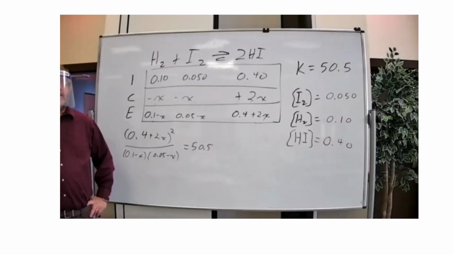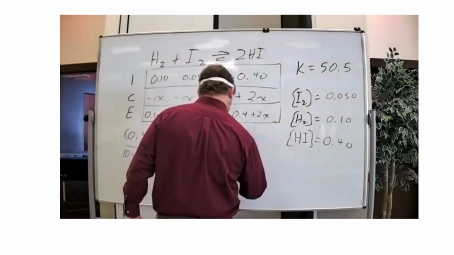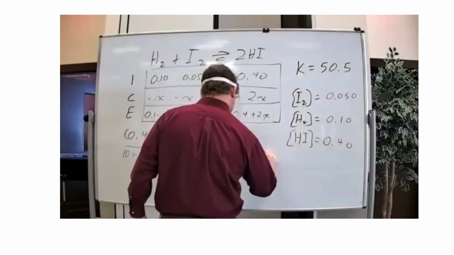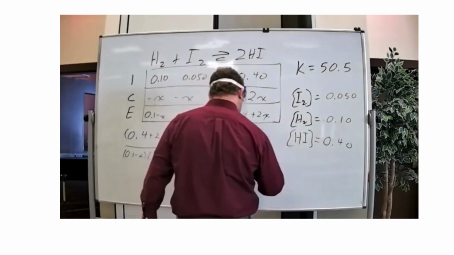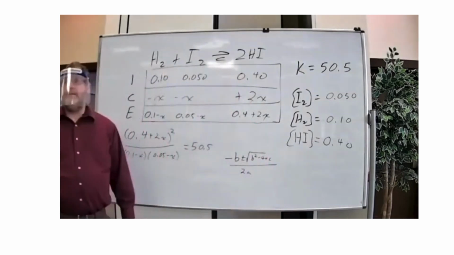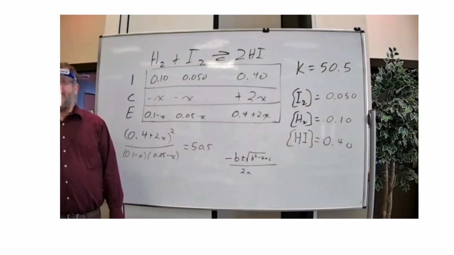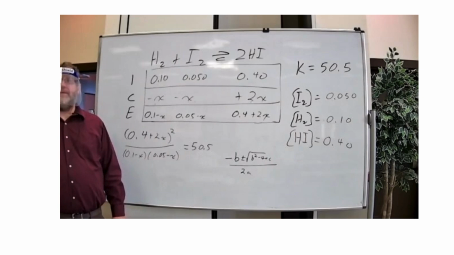And then I'm going to have to use a little equation that you might remember. Remember the quadratic equation? Negative b plus or minus square root of b squared minus 4ac all over 2a. What's a, b, and c? Oh, we have to algebra the heck out of this thing, right?